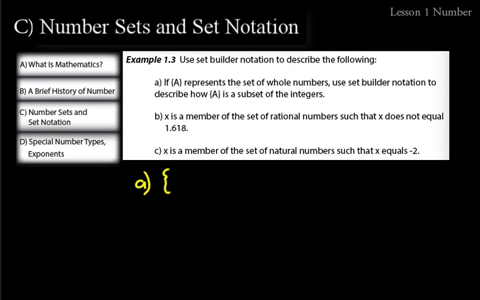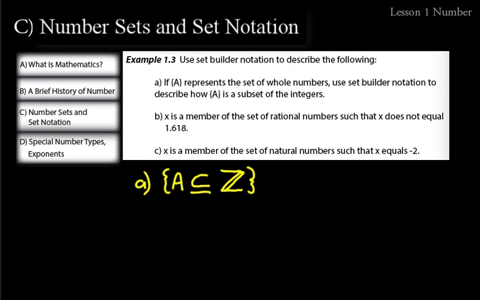We can say set A is a subset, that's this symbol right here, is a subset of Z. And I'll do a little double line in the middle to represent the set of integers. A is a subset of the integers.